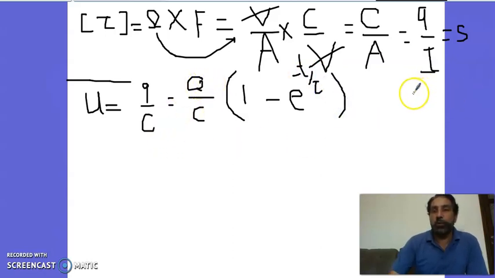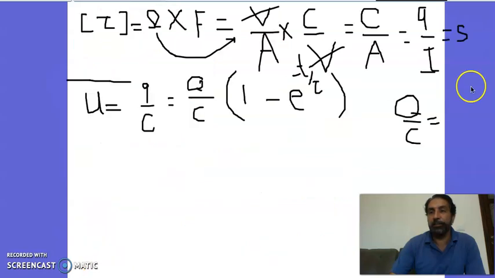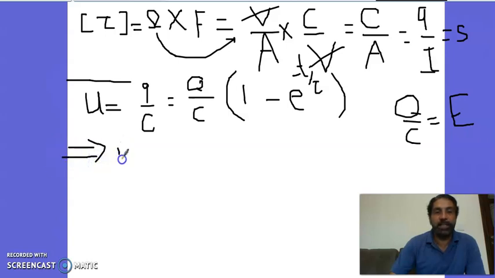But Q over C, let's check it here. Q over C, this is Q equal what? Here it is. This Q equal CE. So Q over C is E. So this is E. In this case, you get the voltage across the capacitor as a function of time.